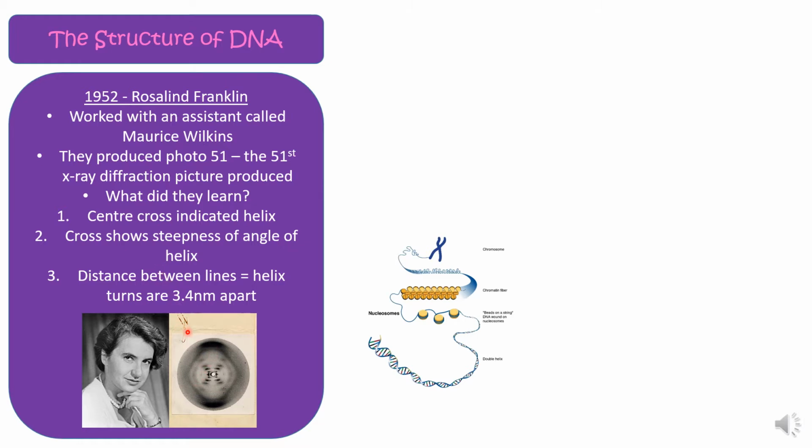The cross also helps them to see the steepness of the angle of the helix. I don't know how. And then the distance between these small lines within that cross proved that each of the turns of the helix were 3.4 nanometers apart. Again, I don't know how they worked that out, but they did.